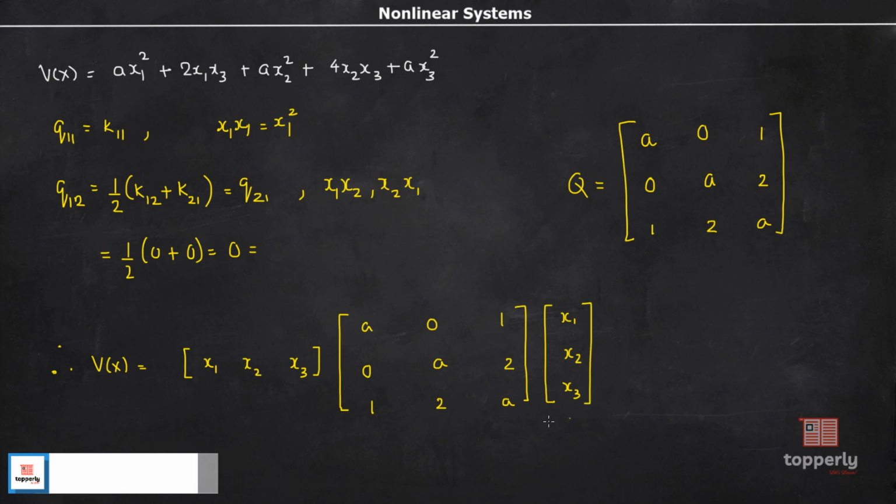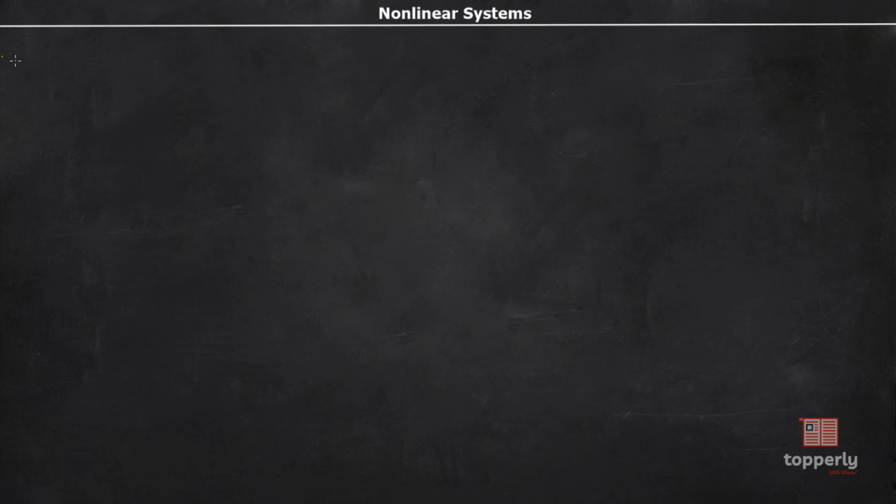Let us now make the matrix Q positive definite so that V of x is positive definite. For this, all the principal determinants of matrix Q should be positive. That is, the determinant of a should be positive, the determinant of a, 0, 0, a should be positive, and the determinant of a, 0, 1, 0, a, 2, 1, 2, a should be positive.